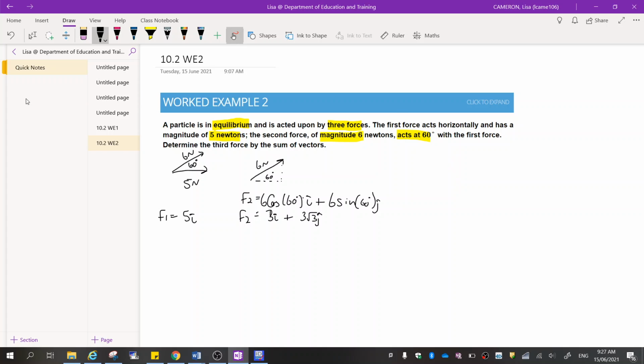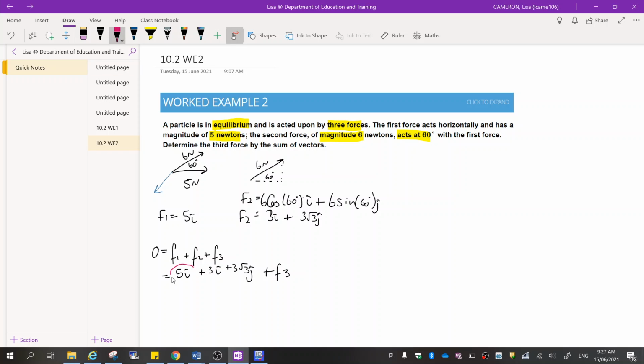Now, the third resultant force that we're going to find will be coming off in this direction somewhere because it's counteracting these forces, so they all equal 0. So 0 equals F1 plus F2 plus F3, where F1 is 5i plus 3i plus 3 square root 3 j plus F3.